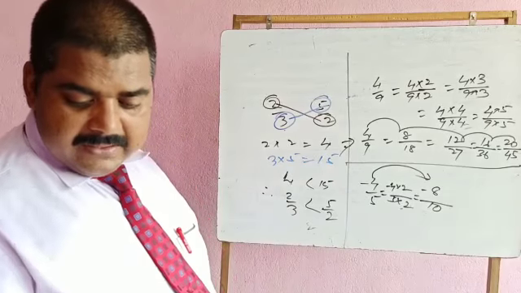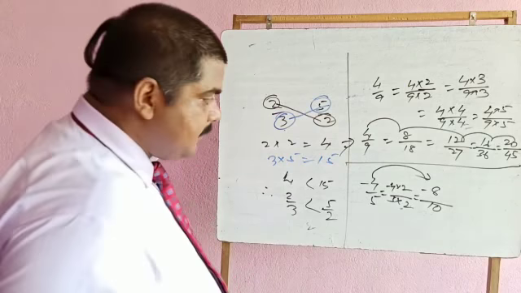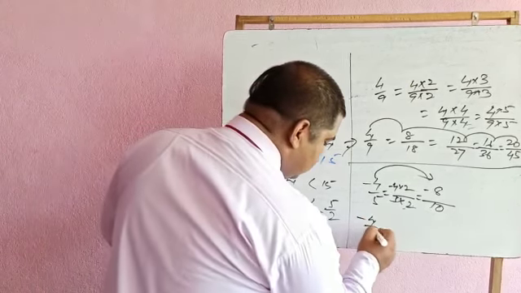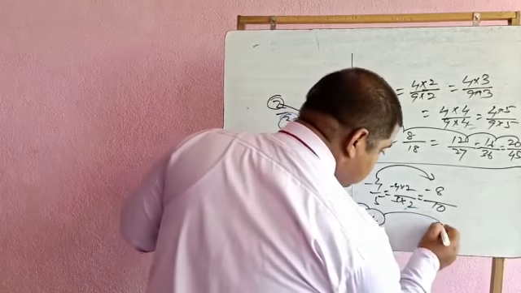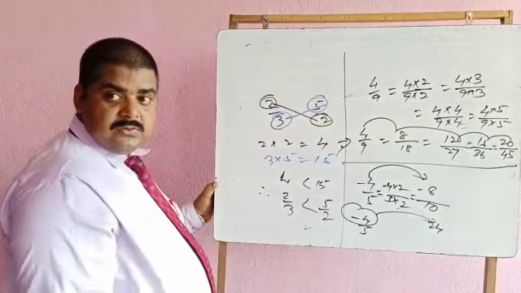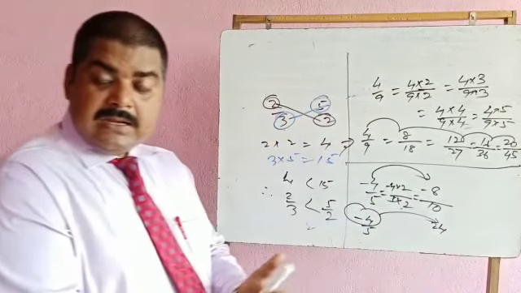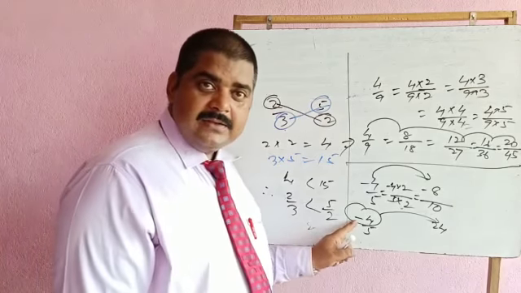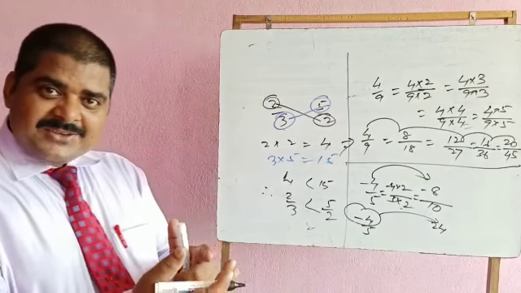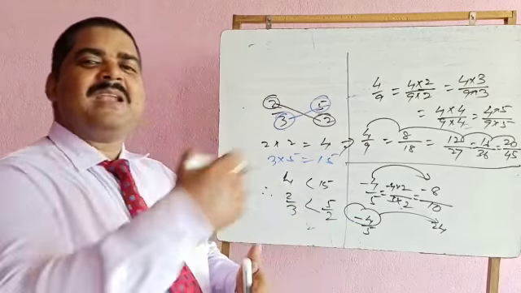Similarly, if it is given to change the numerator of minus 4 upon 5 into 24, how can you convert the numerator? The 4 is multiplied by 6 to convert into 24. Since there is a minus sign, you have to multiply minus with minus, and then minus changes into plus.